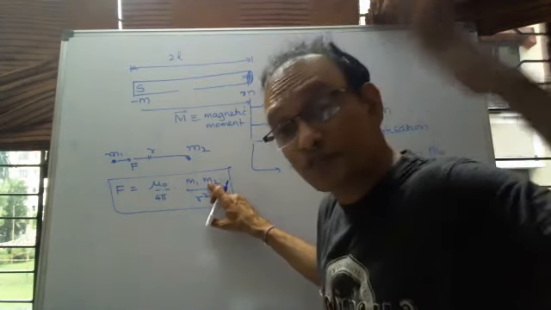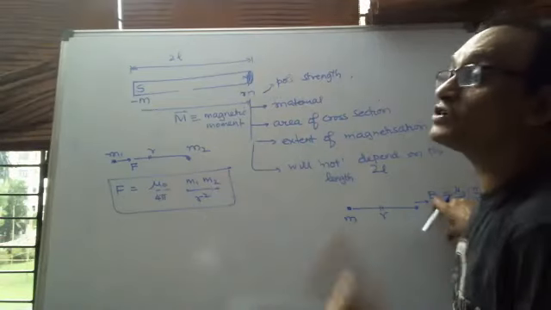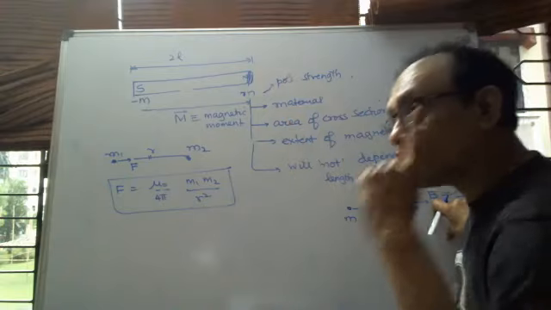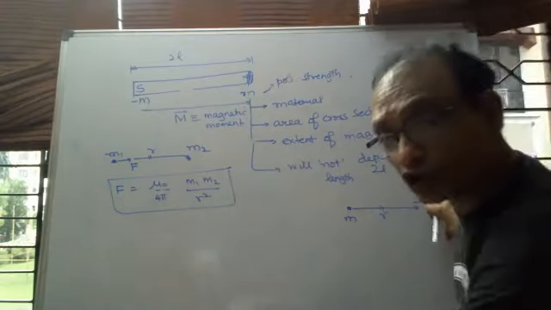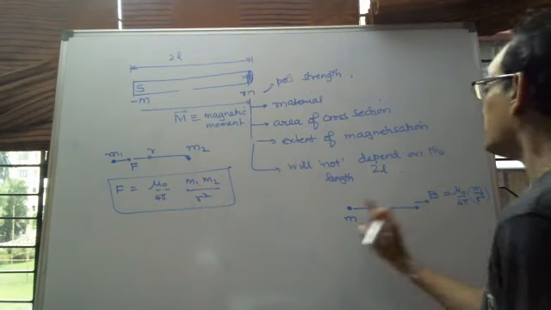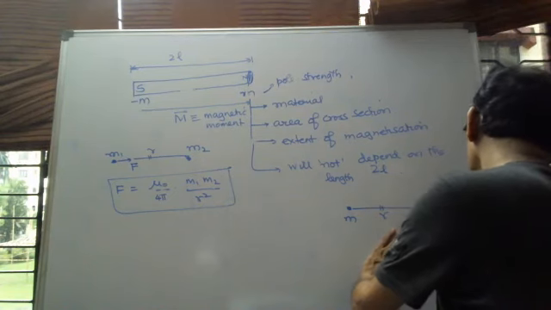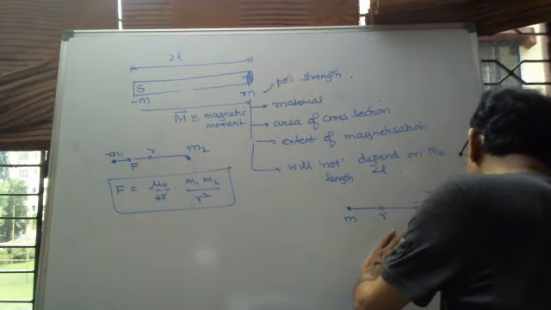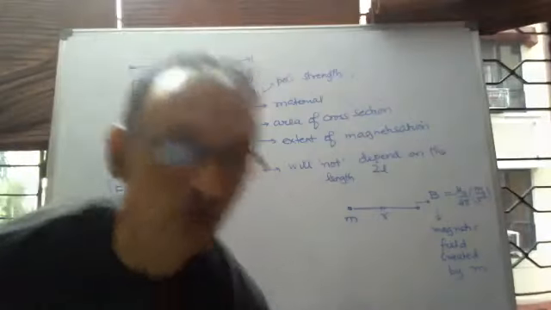In electrostatics, K Q by R squared is the force experienced by unit positive charge; here this magnetic field is the force experienced by a north pole of unit pole strength. B is mu naught by 4 pi M by R squared, the magnetic field created by a pole M of pole strength M. Right?